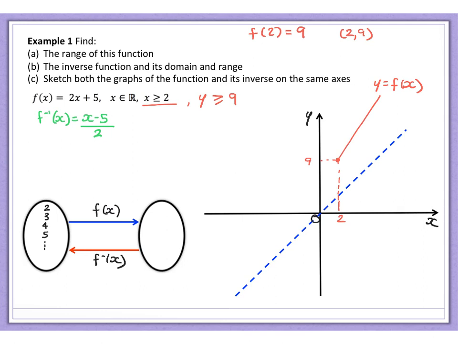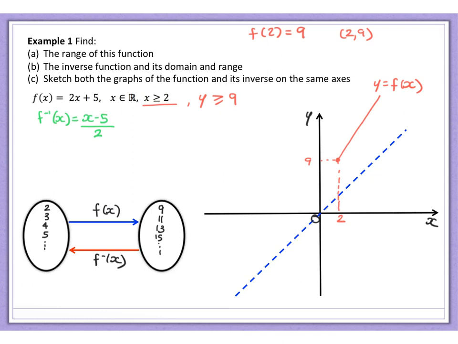We'll make it a little bit easier by just looking at integer values, although of course x could be any number from 2 upwards, integer or otherwise. So substituting these into f of x will create the range of f of x, which is of course going to be 9, 11, 13, 15, and so on.